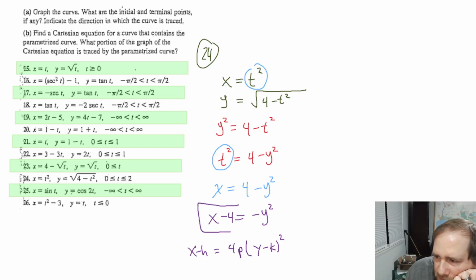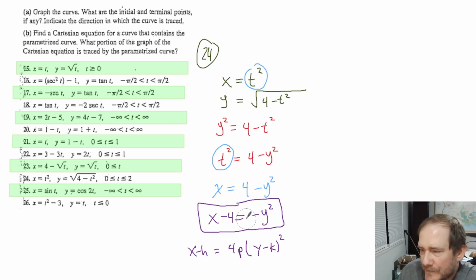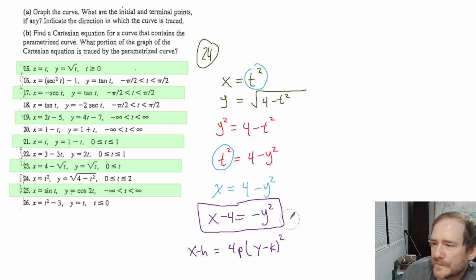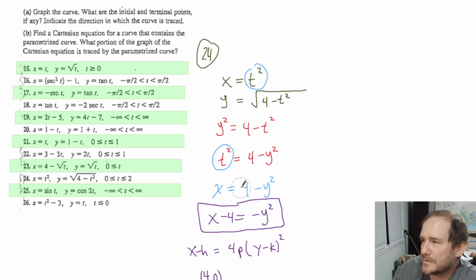So this is sort of the right form, to leave the negative on the y. And then what we know about this is it's a parabola that opens left. So for the very first time ever, we're seeing a parabola that opens to the left. Okay? And what else do we know? We know that the vertex is 4, 0. So let's plot it.